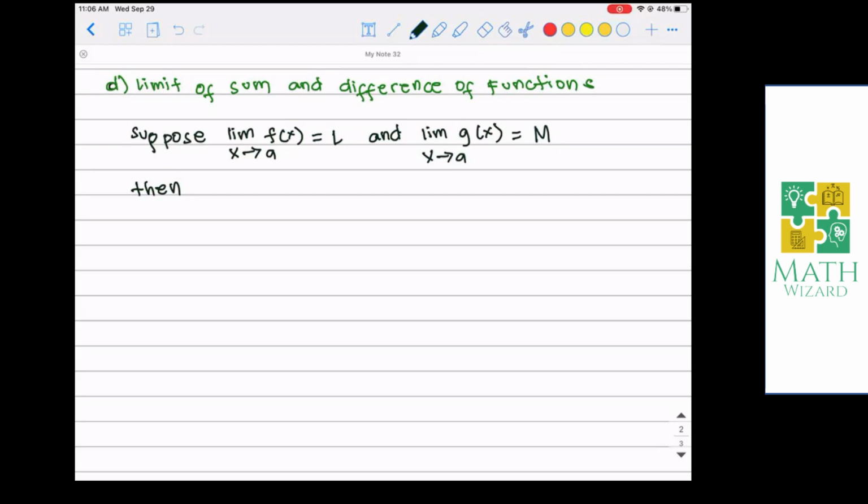So this only states that the limit of a sum is the sum or difference of the limits.